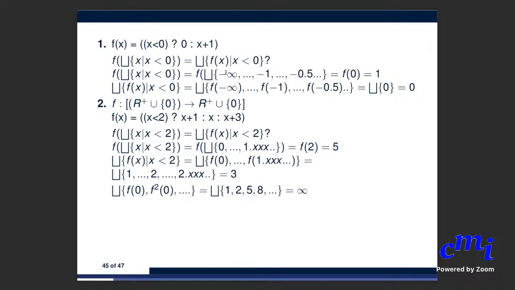Take this chain starting from minus infinity all the way to minus 1, then fractions, and you keep on going. The least upper bound of this chain converges to 0, right? But since there is a discontinuity, that gets mapped to 1, okay?